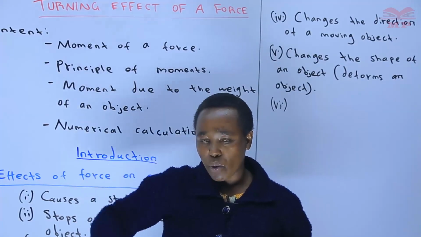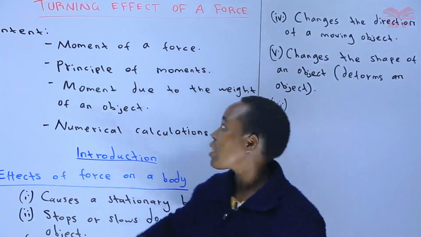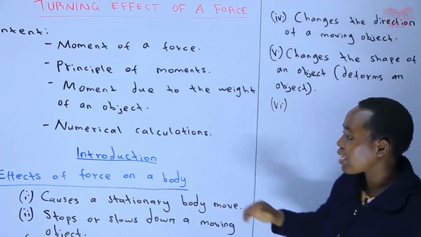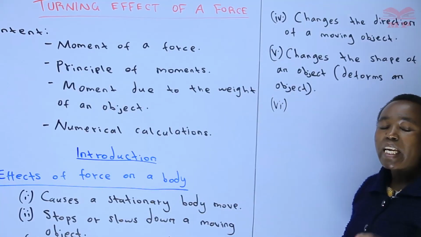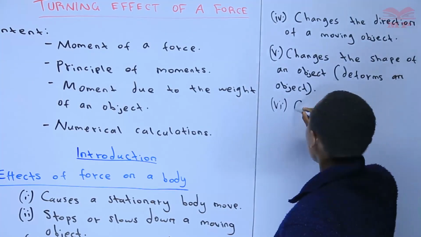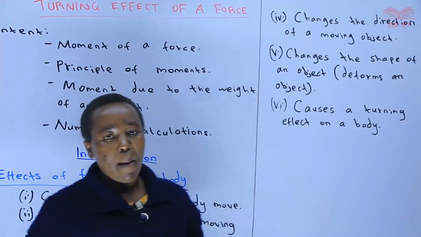So you apply force. And that force will cause now what we refer to as the turning effect. So we can say that another effect of force on a body is that it causes a turning effect on a body.